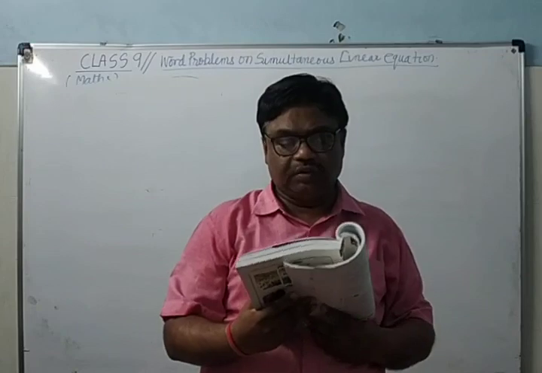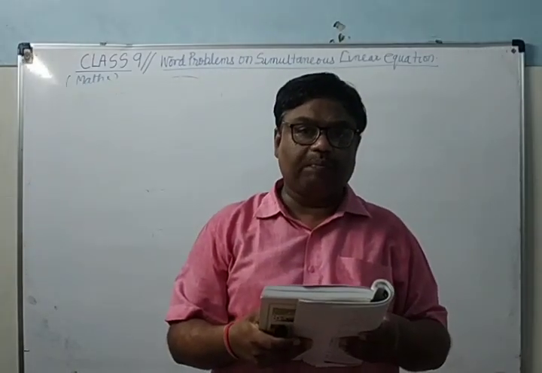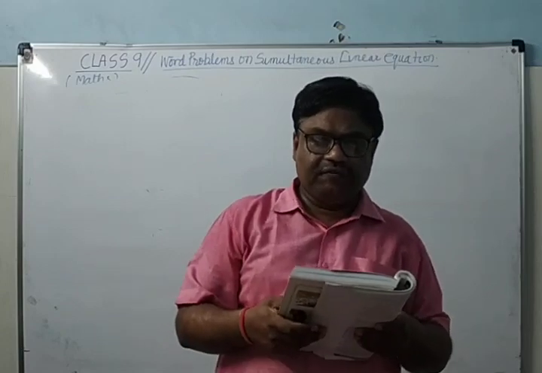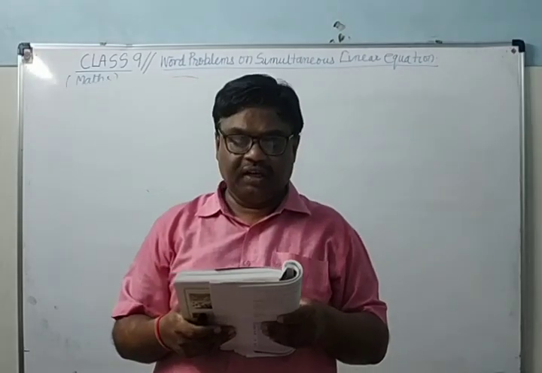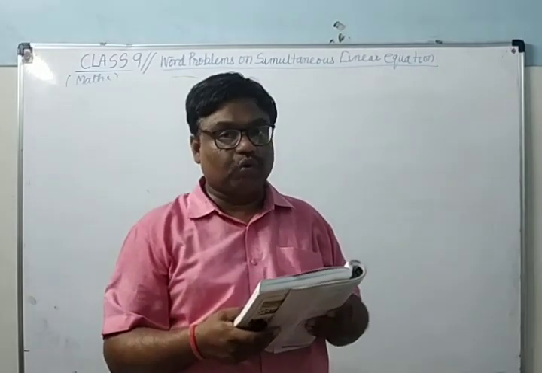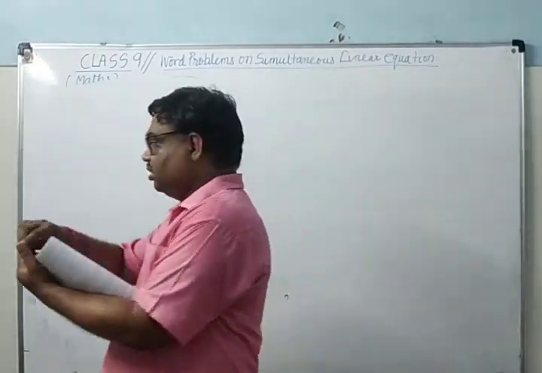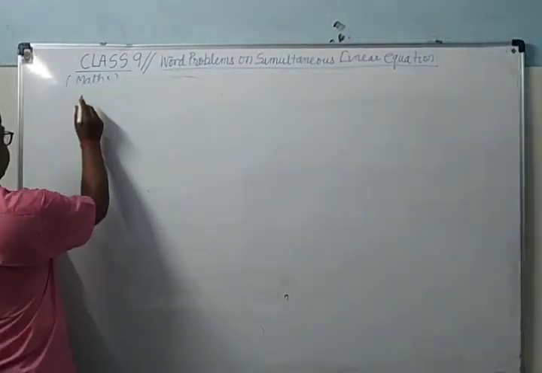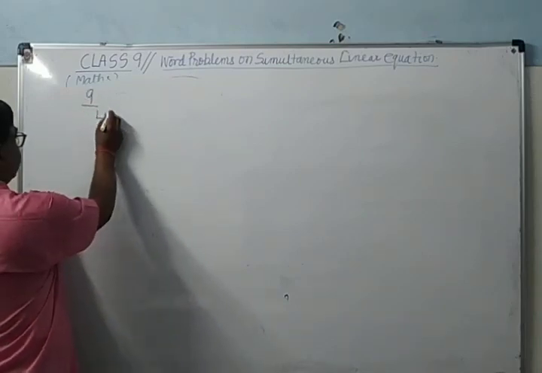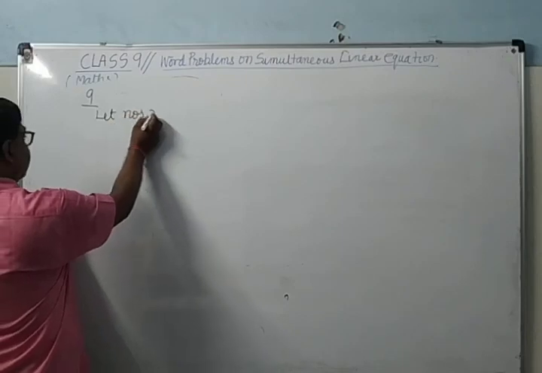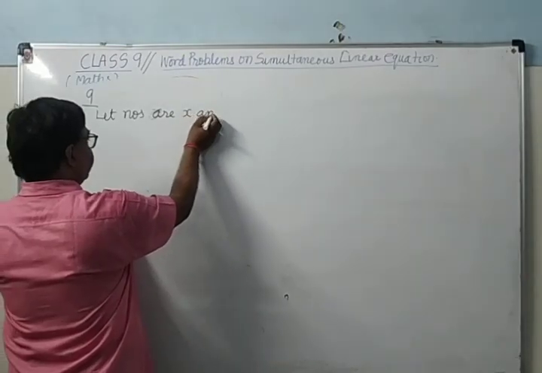Next question, question number 9. The ratio of two numbers is 2/3. If 2 is subtracted from the first and 8 from the second, the ratio becomes the reciprocal of the original ratio. Find the numbers. Let the numbers be x and y.